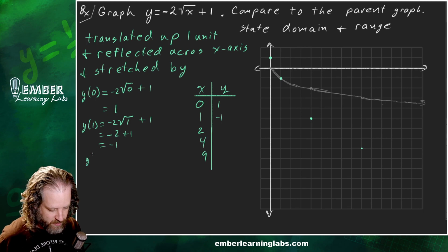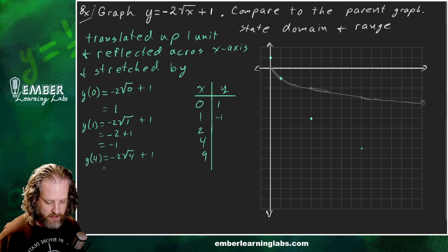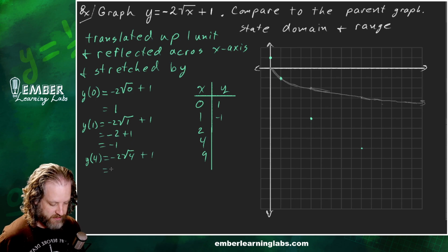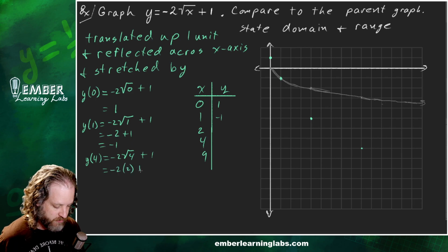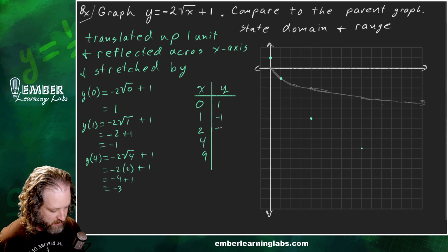So y of 4 equals -2 times the square root of 4 plus 1. I'm going to write this out fully, just so it's less confusing. -2 times 2, because the square root of 4 is 2, plus 1. -2 times 2 is -4, plus 1 equals -3.